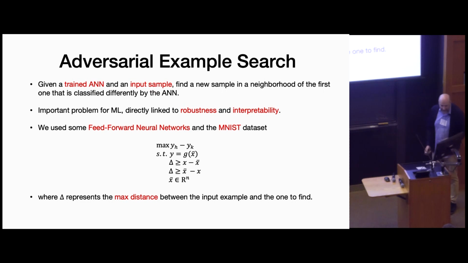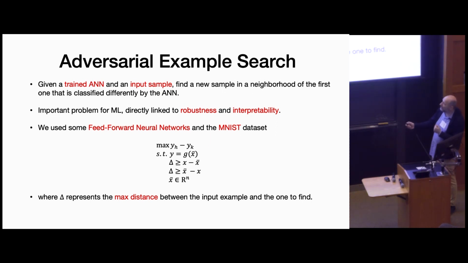So this is a nice application for constrained learning, because here is the model. Think about y, which is the classical output of the prediction of our neural network. And you want to find delta, which is the distance between the given original example and the new example that you are building, okay?